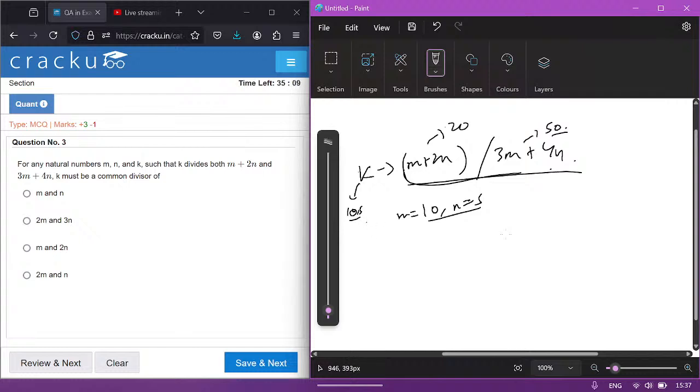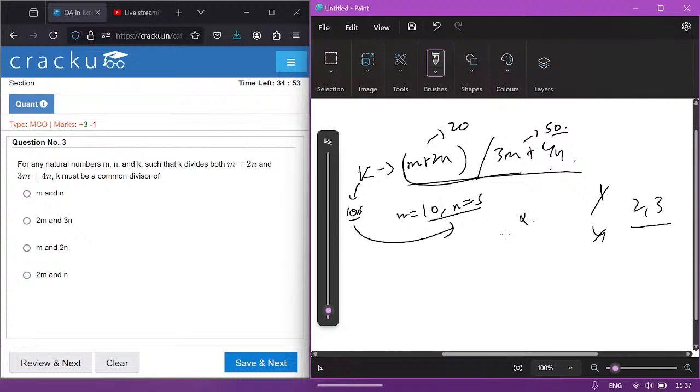So 10 or 5. If k is 10, so k cannot be a divisor of n. So first and fourth options are gone. 2 and 3 are left.